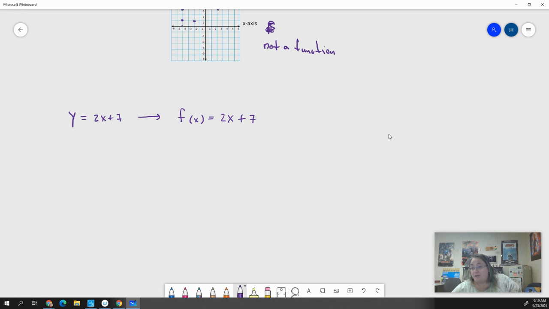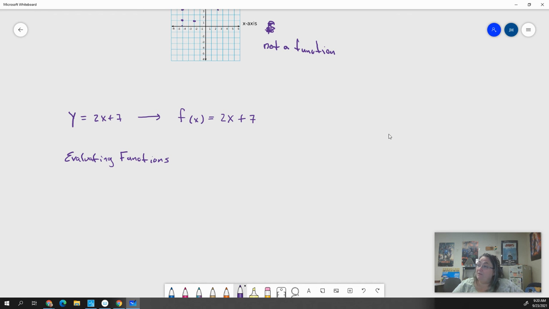So x is our input value, our domain, and y is our output value. And what you're going to be working on in your Delta Math is evaluating functions, which means that we're going to give you a value for that x, and you're just going to plug it in and see what you get, right?